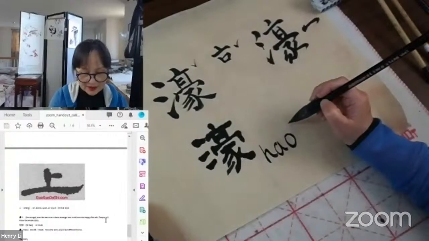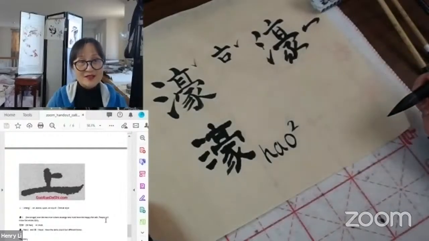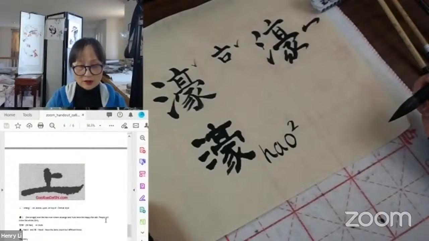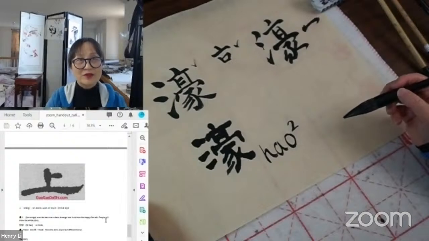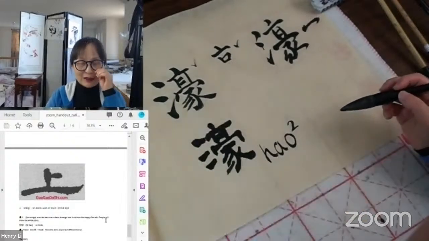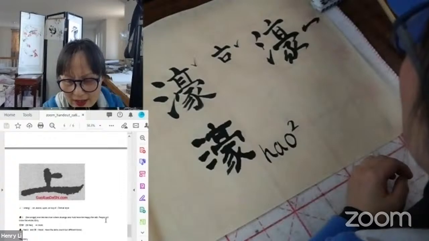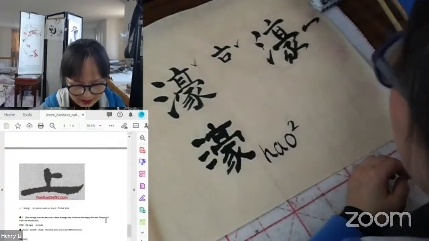I put the second tone there, which means we talk about how the tone goes, right? The second tone is the up one.